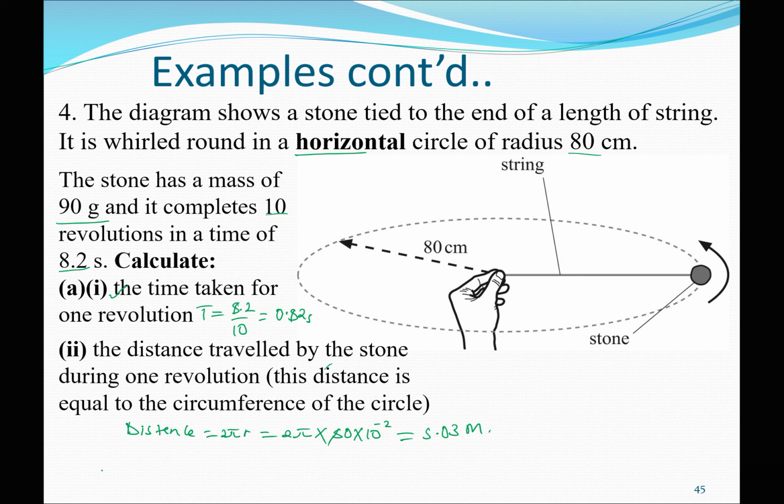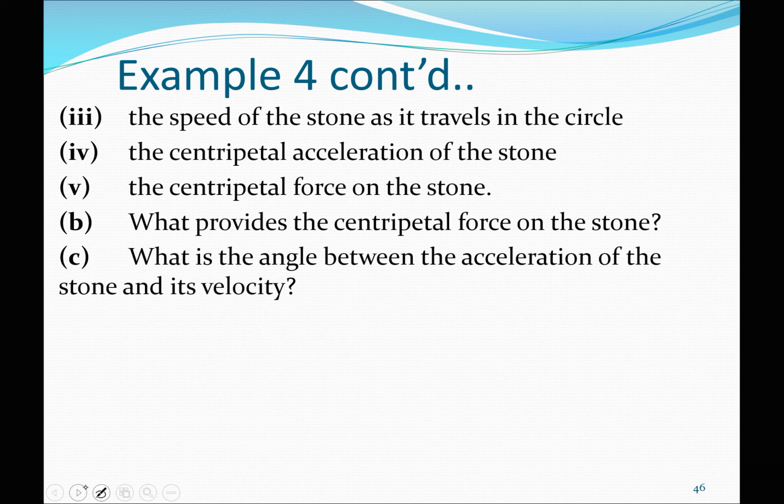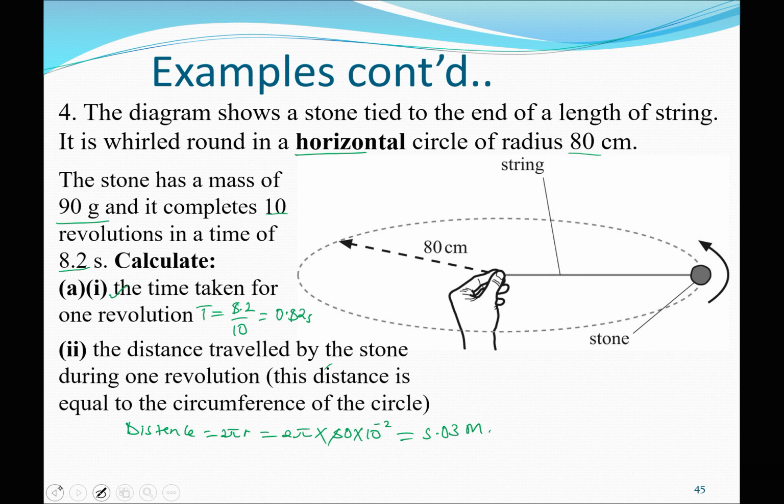Okay, I think example 4 is still continuing. Then the speed of the stone as it travels in the circle. I'll do that one on the next page. So speed is going to be omega times r, and omega is 2 pi divided by T. Then we multiply this by r.